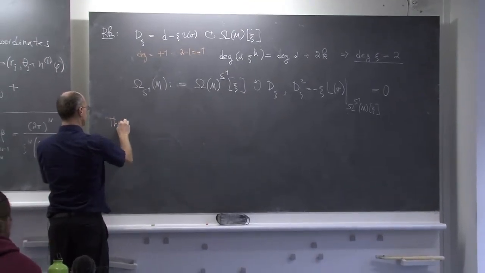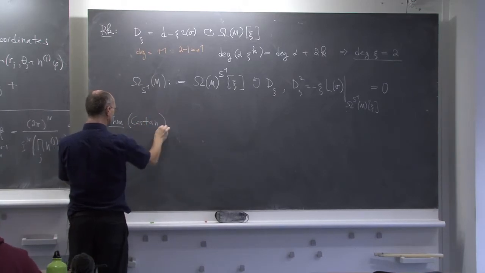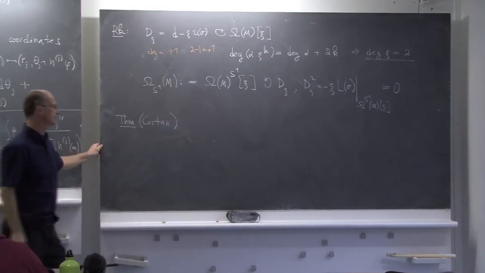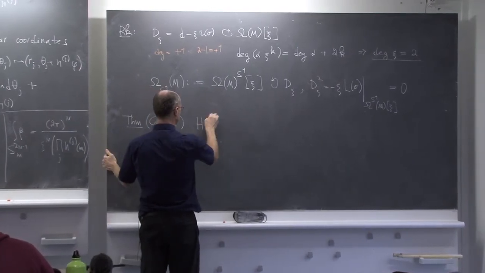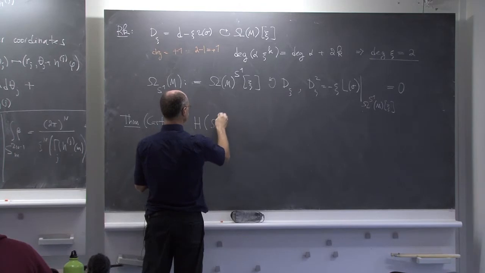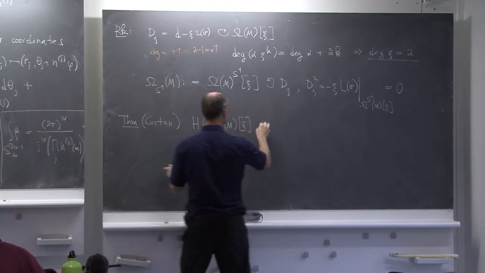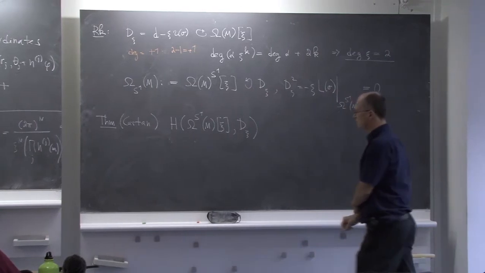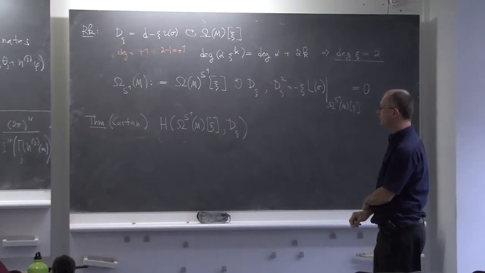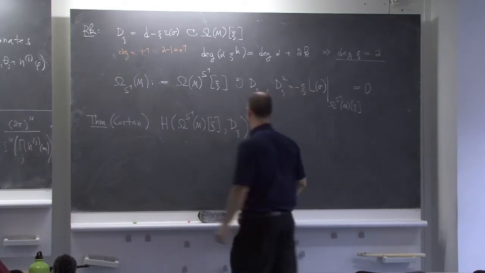So d_ψ now defines a differential on this space. Let me cite the following theorem of Cartan. I will state it and then I explain a little bit what it is. So Cartan proved the following. Let's consider the cohomology of this complex. So we take the space of S^1 invariant forms, which are polynomials in ψ, with respect to this differential d_ψ.